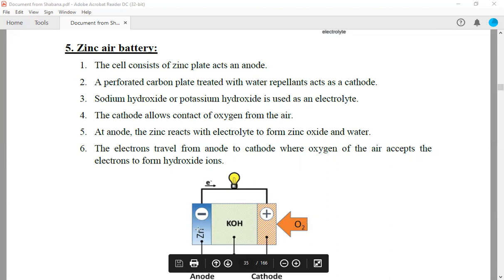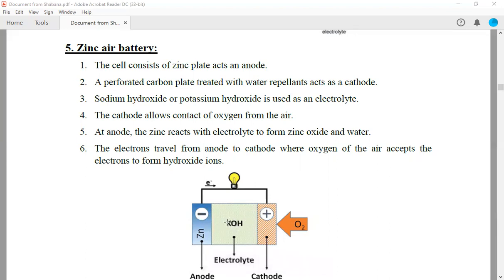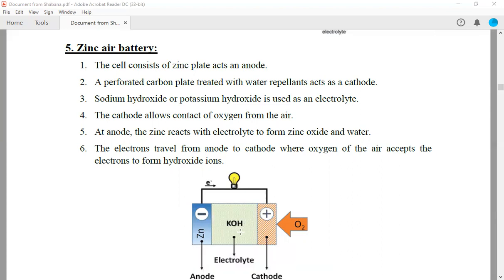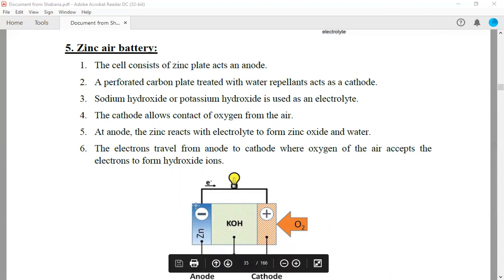At the anode, zinc reacts with the electrolyte, that is, with the OH ions of the KOH. Because KOH ionizes to form K plus and OH minus, the zinc reacts with the OH minus and forms zinc oxide along with water, with the liberation of electrons.